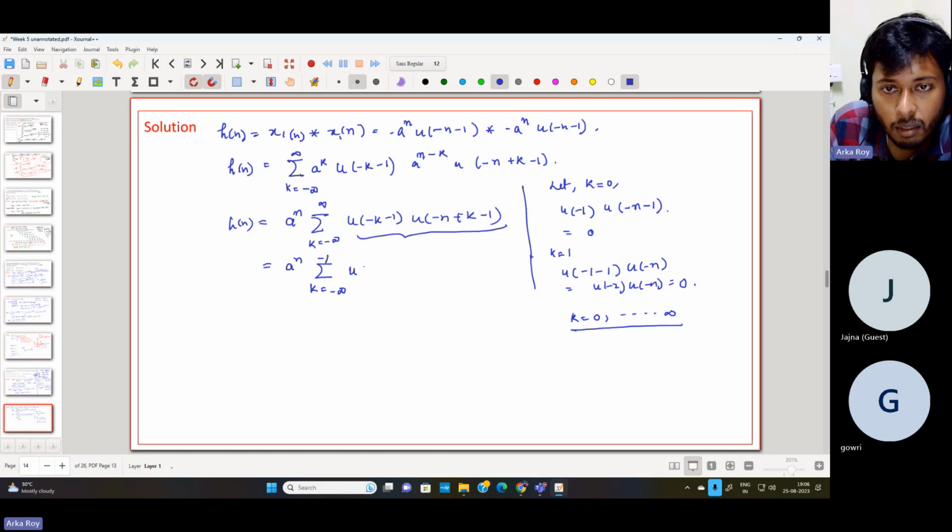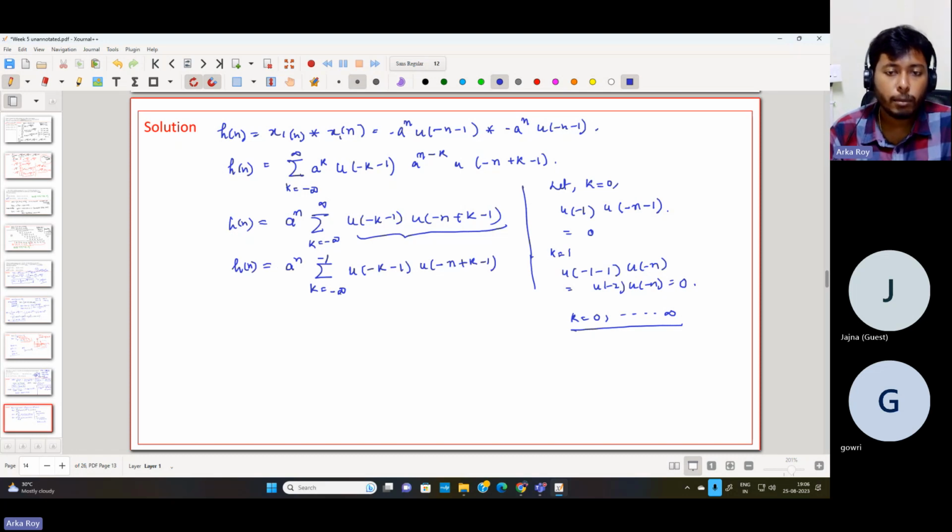Then I can write it as a to the power minus k minus 1, then u of minus n plus k minus 1. So we have just solved the limit issue. What will be the final limits of this summation? The summation is basically dependent on k, as we have seen by changing the limits of the summation.